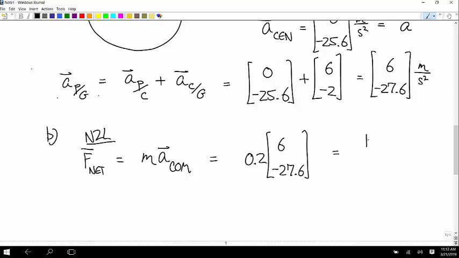And so that's equal to 1.2, 55.2, 5, negative 5.52. And that's a force, so this is newtons.